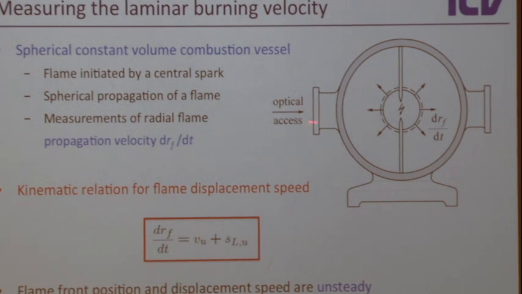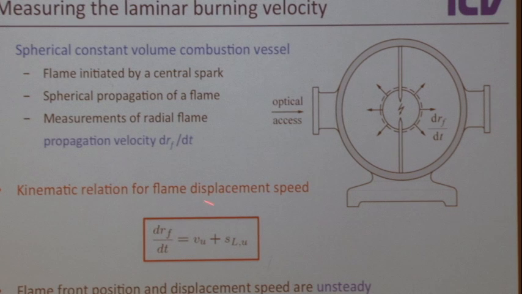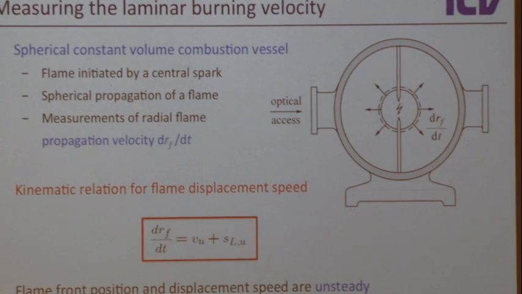And then here you have observation windows, and then you look at how this flame moves. And so what's measured here is what I call the displacement velocity or the displacement speed, and that is just the displacement of this flame. I mean, it's the observed movement of the flame.